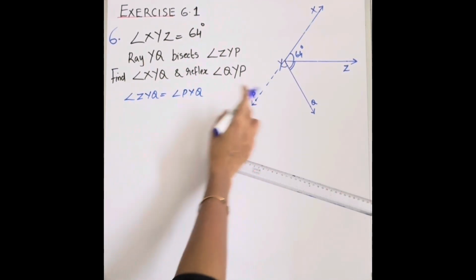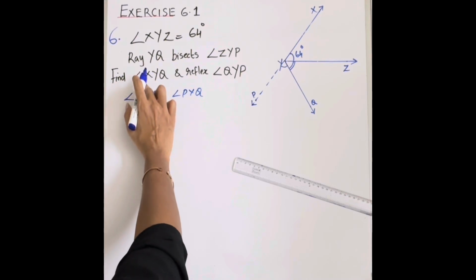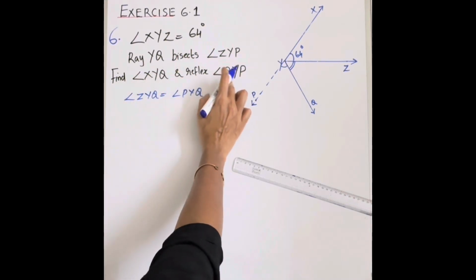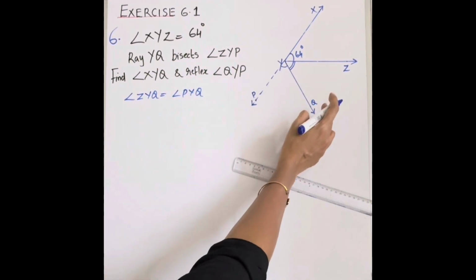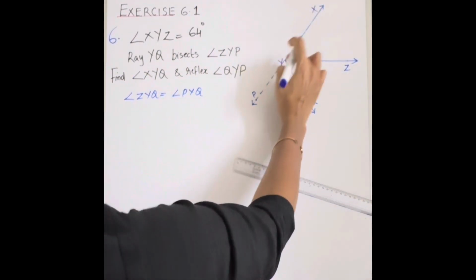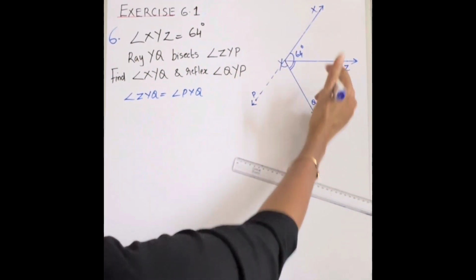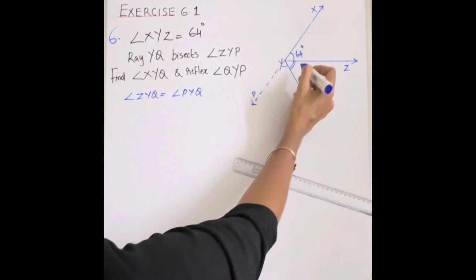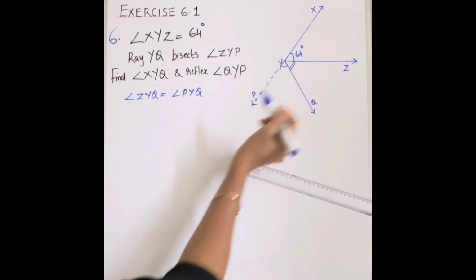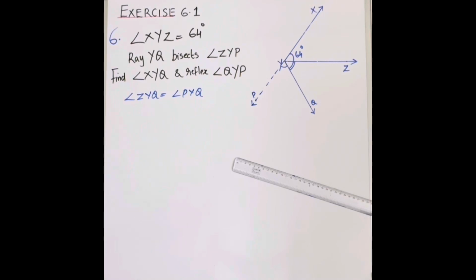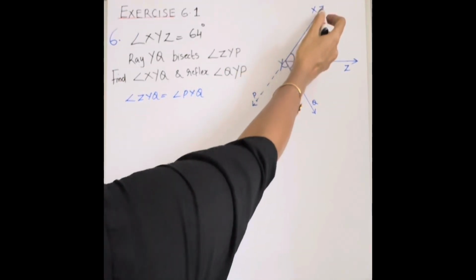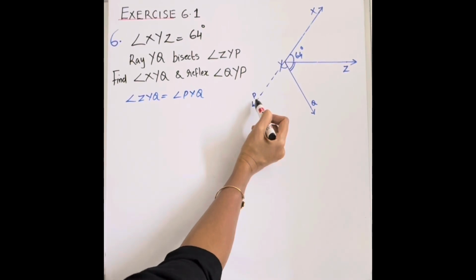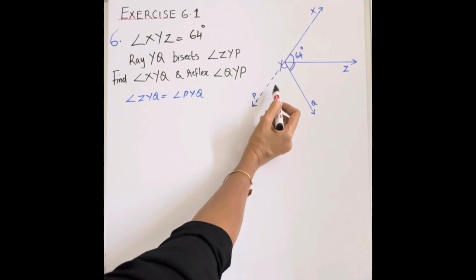Now let's try to find angle XYQ and reflex angle QYP. XYQ, this angle. So we know this is 64. We have to find this angle to find XYQ. Now let's look at the figure. You see a straight line XP formed here. So what can we say?